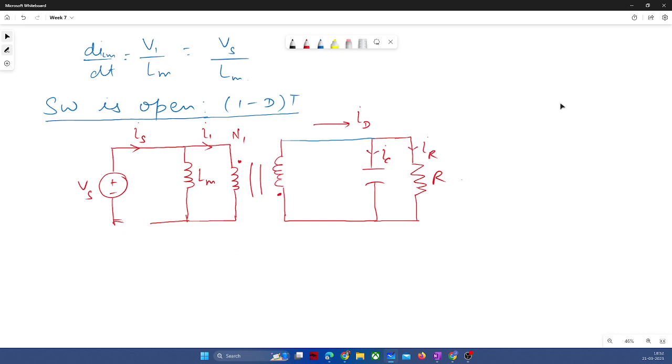Now when the switch is open, this magnetizing inductance will release its energy. Because it has some certain energy, it has charged to a certain peak value, ILm peak. Now it needs to discharge, and it has only one path.